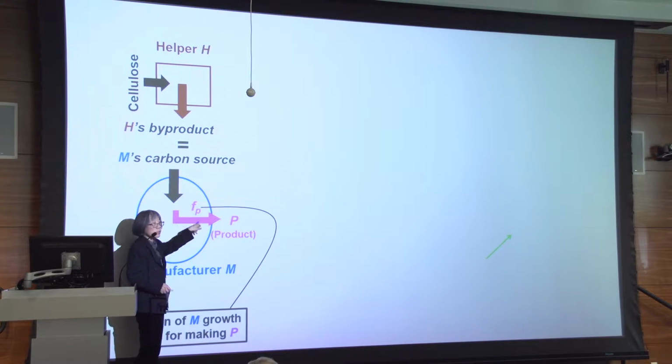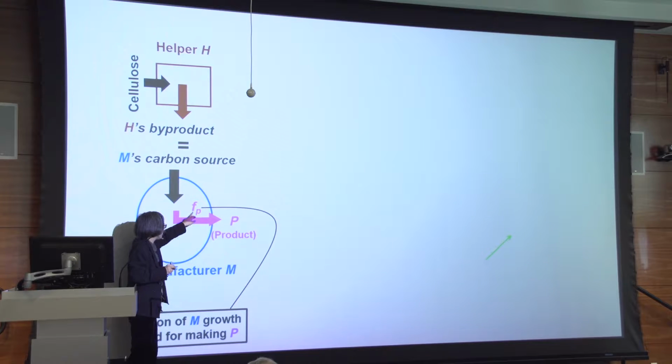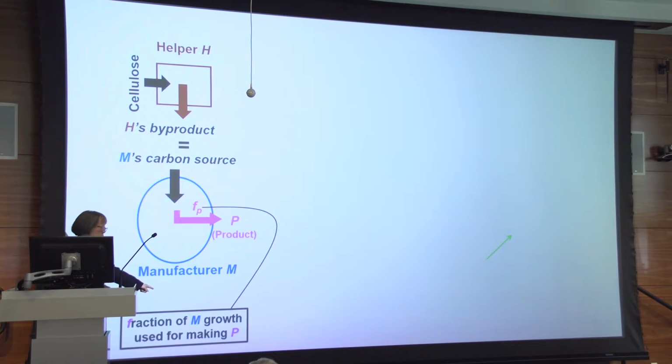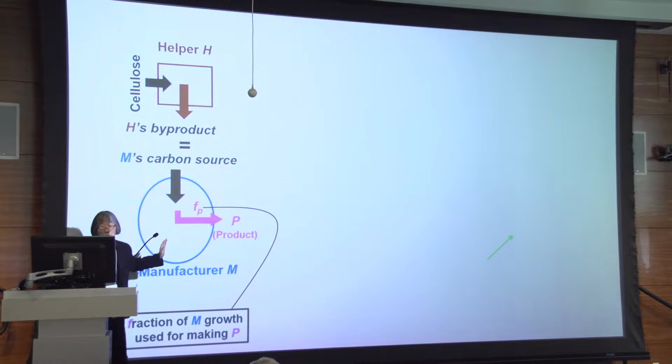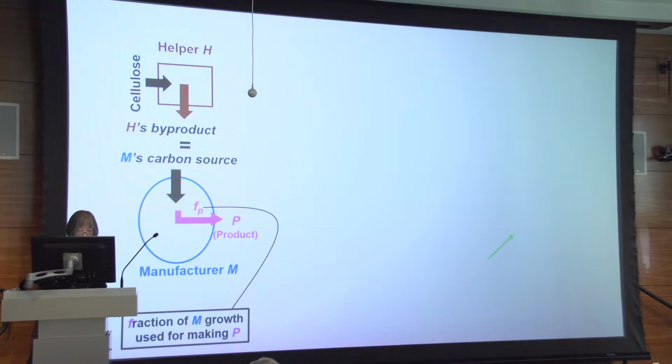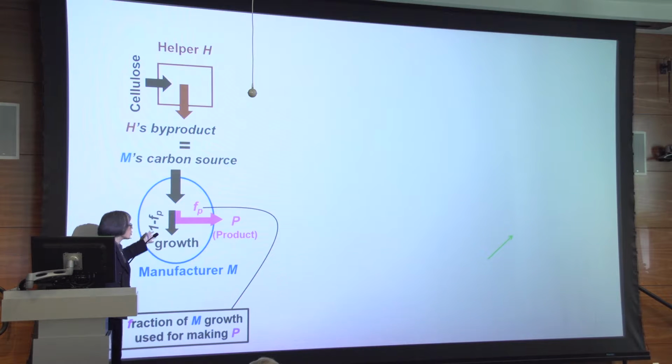And this is the single most important parameter or phenotype in my entire talk, FP, which is the fraction of manufacturer growth used for making P, right? So FP. I carefully chose the parameters so that you can remember them more easily. And the remaining 1 minus FP is used for growth of manufacturer.